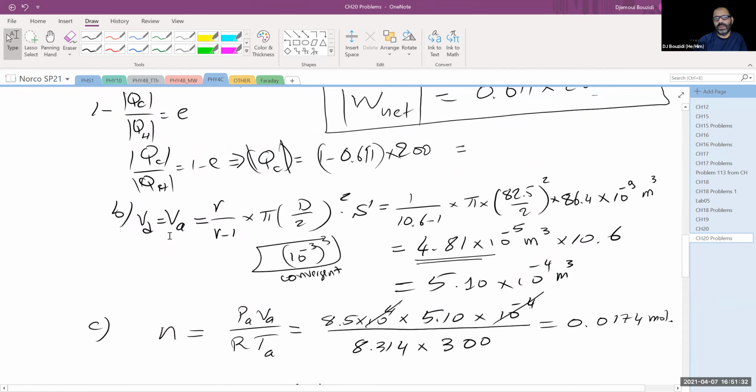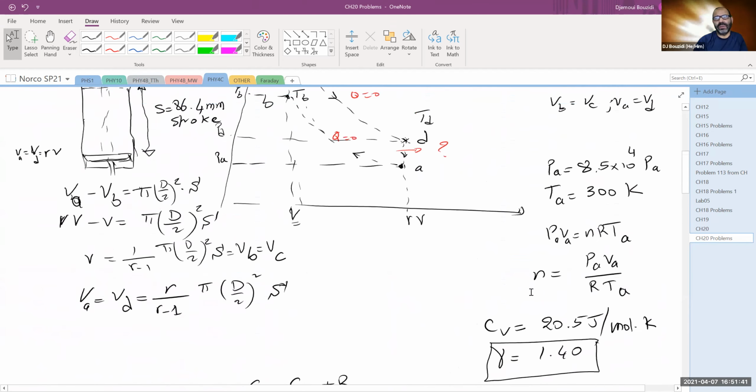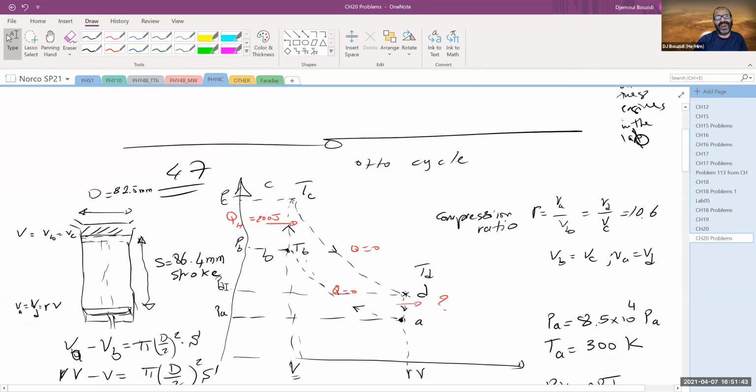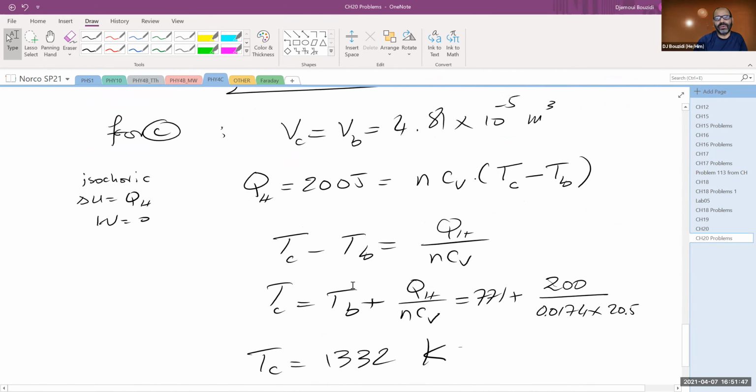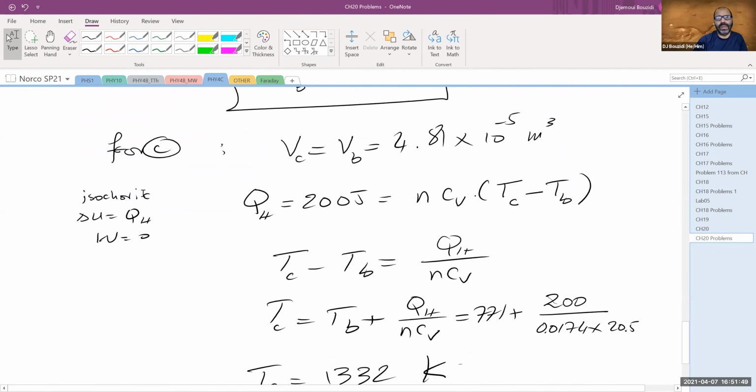So VD is 5.1 times 10 to the negative 4 cubic meter, okay? So that is the volume at that point. So we can find PD using the same adiabat, because in the process, I forgot to mention that, we did it for this process. So this is from B to C.